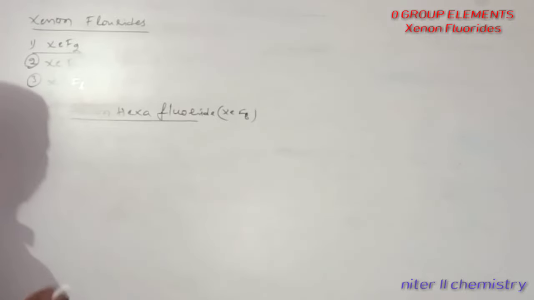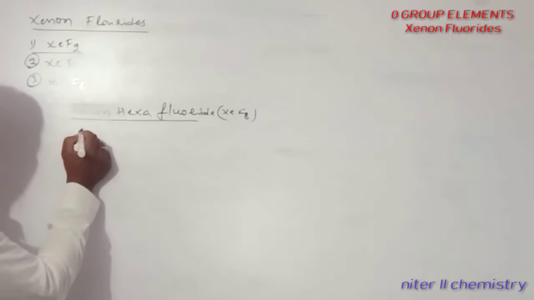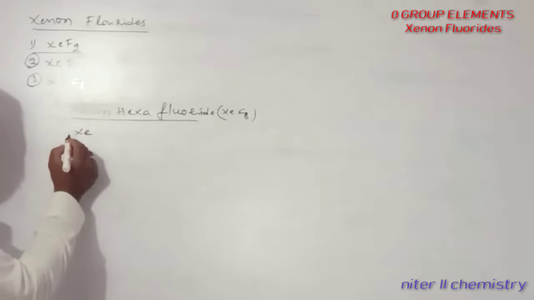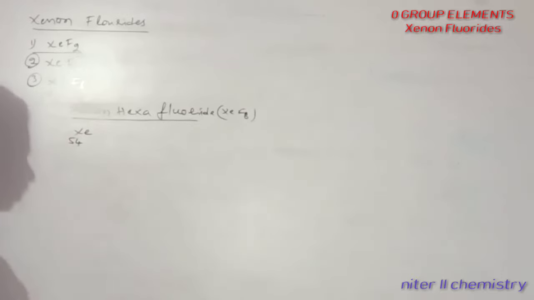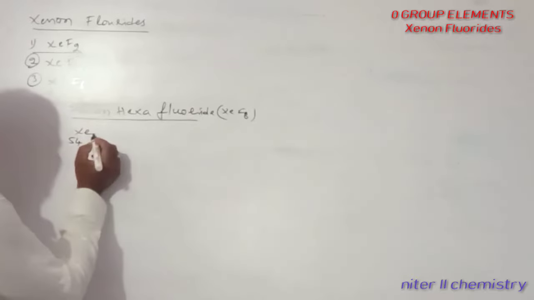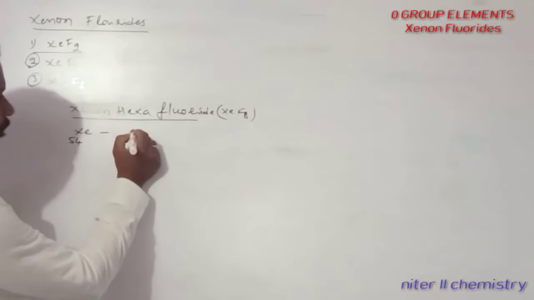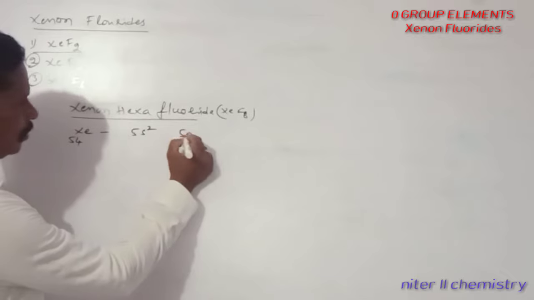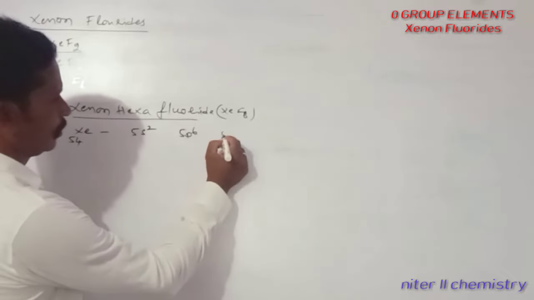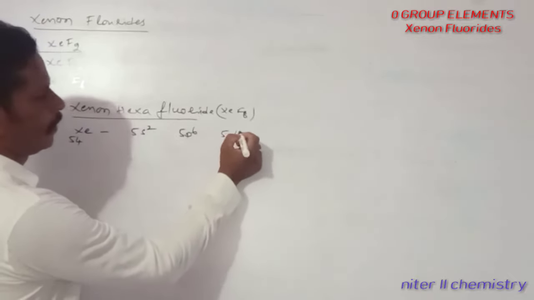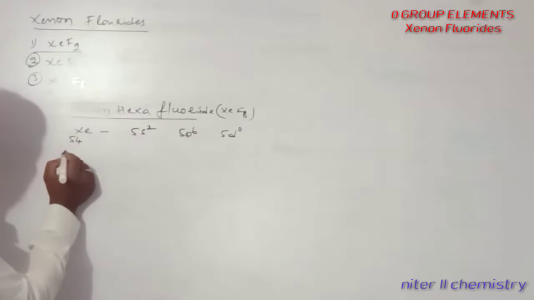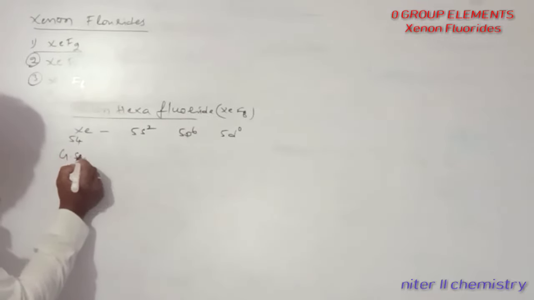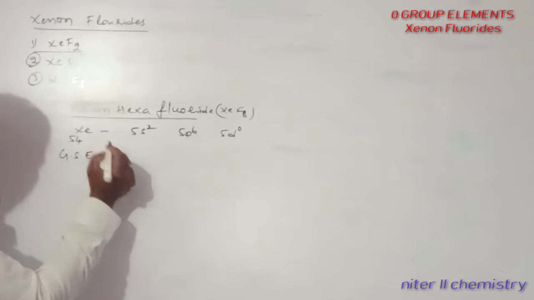Here also, the central atom is xenon, and the atomic number, you know, is 54. Then the outermost electron configuration is 5s2 5p6 5d0. So we can write the ground state electron configuration the same way.